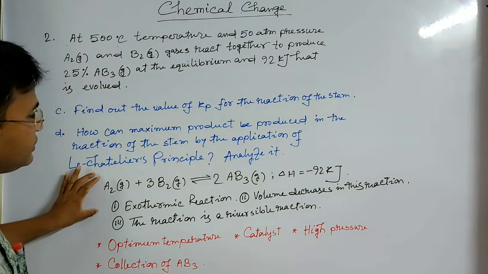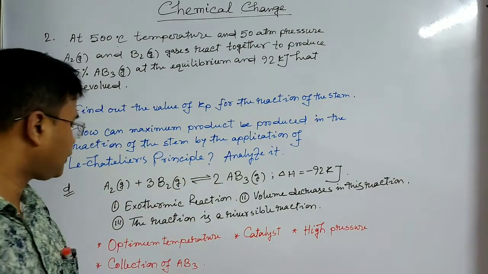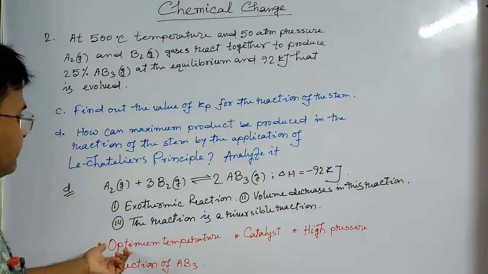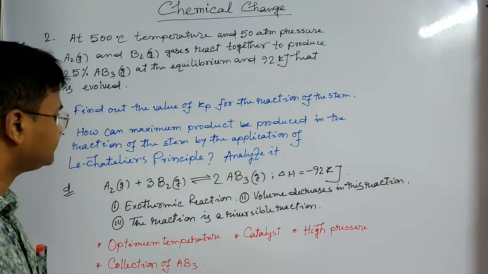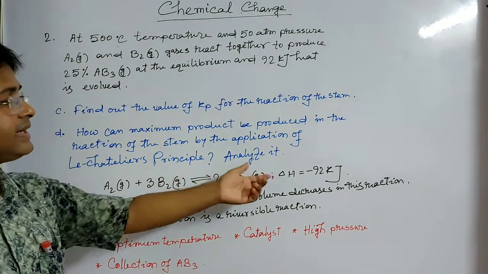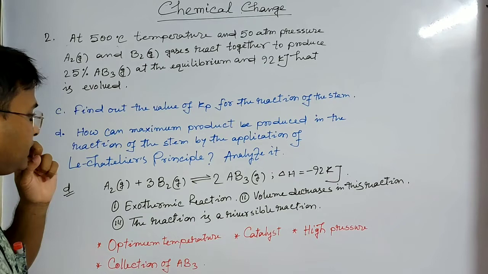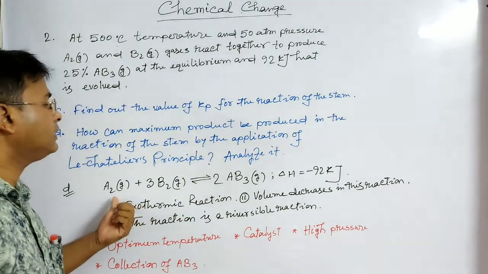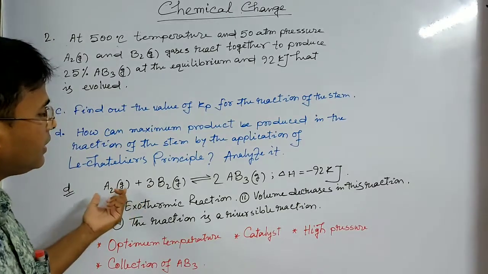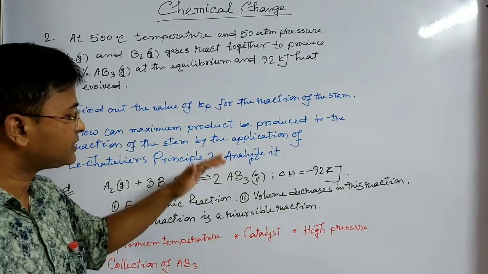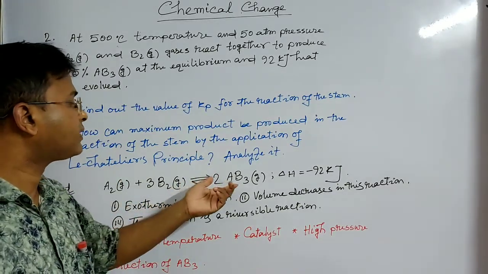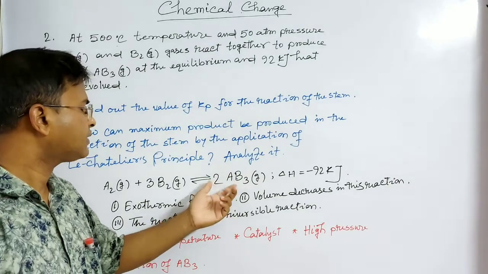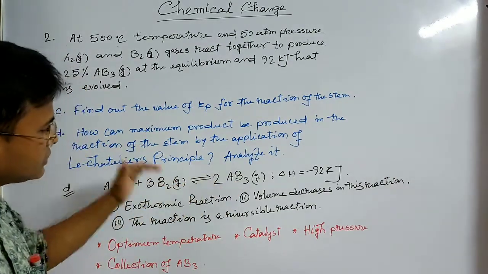And to produce maximum AB3, I have to apply optimum temperature. The reaction is an exothermic reaction. So if we increase the temperature, equilibrium shifts backward. So to produce more AB3, I have to decrease the temperature, but at low temperature, the rate of reaction becomes slow.